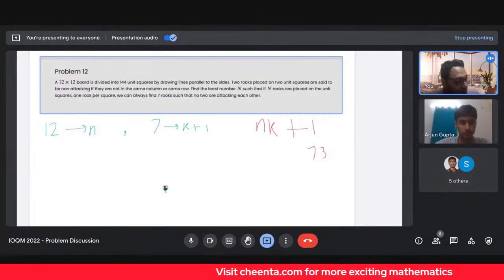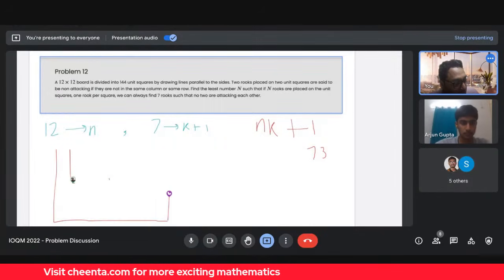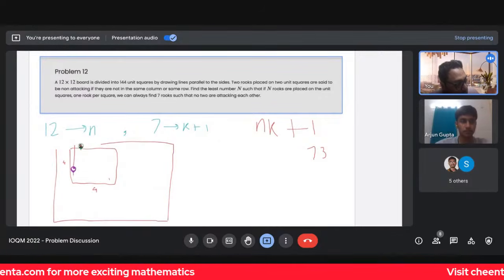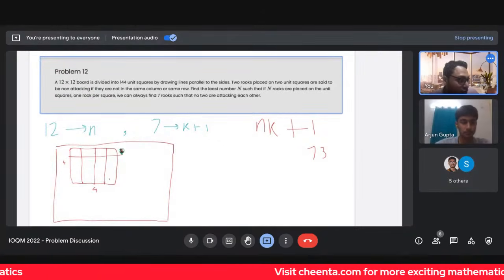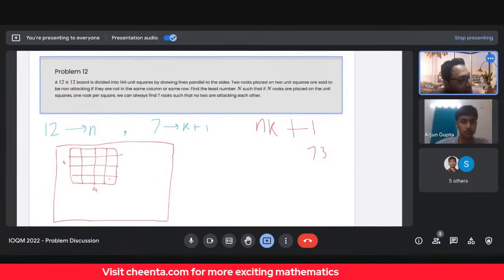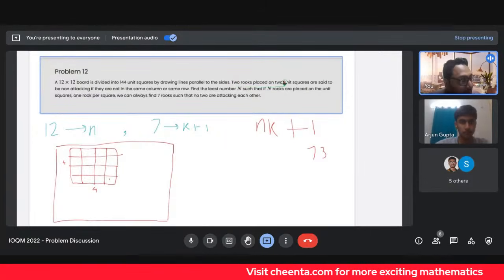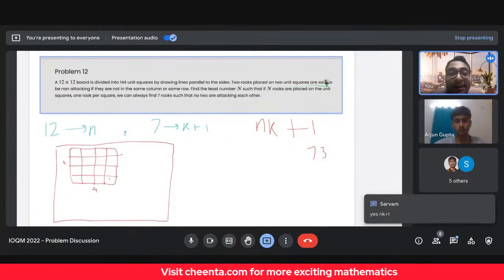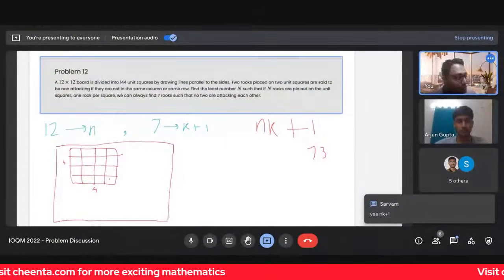In a shorter version, maybe I can draw a 4 cross 4 board, with 16 squares. Two rooks placed on unit squares are said to be non-attacking if they are not in the same column or in the same row.